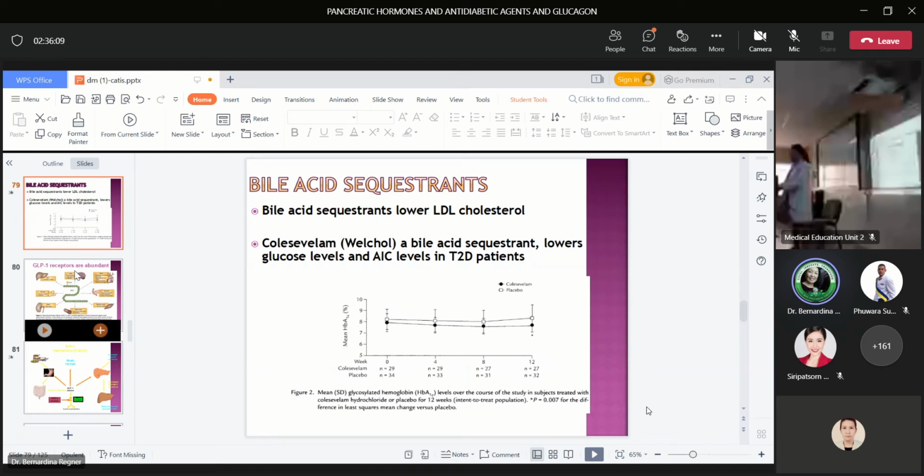Colesevelam or Welchol is a bile acid sequestrant that can, aside from lowering your low-density lipoprotein or your bad cholesterol, also lower your glucose levels and glycosylated hemoglobin levels in type 2 diabetes mellitus.